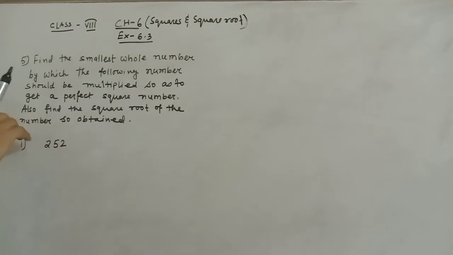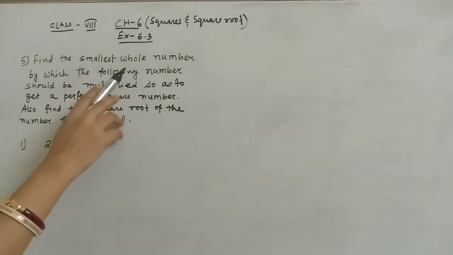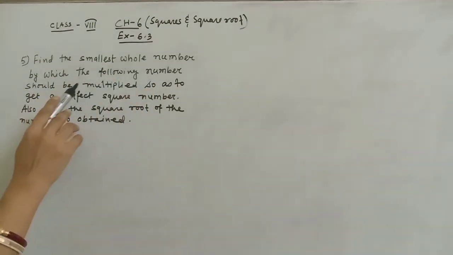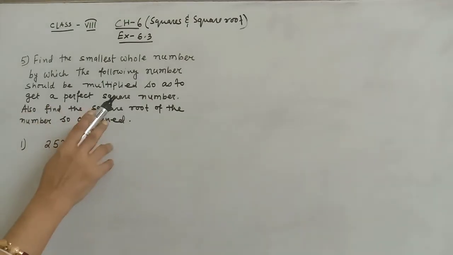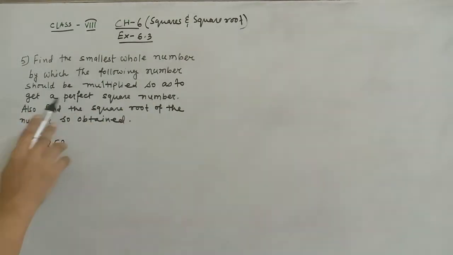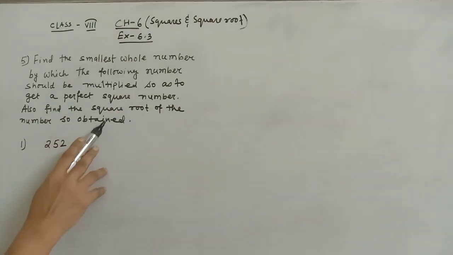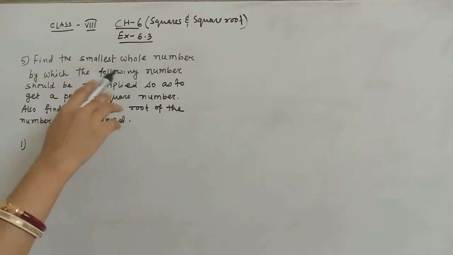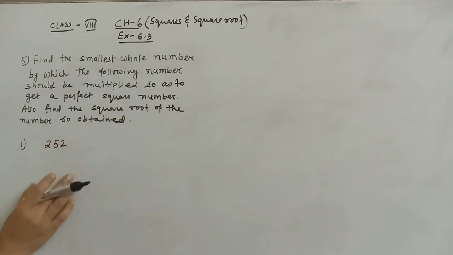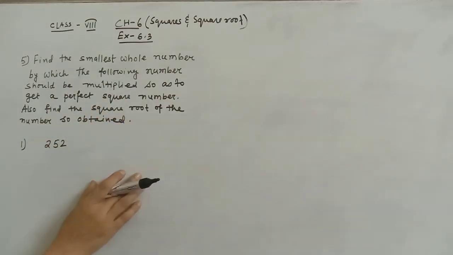Now a new question, question number 5. Find the smallest whole number by which the following number should be multiplied so as to get a perfect square number. Also find the square root of the number so obtained. By this question, it is very clear that whatever numbers are given here are not perfect squares.